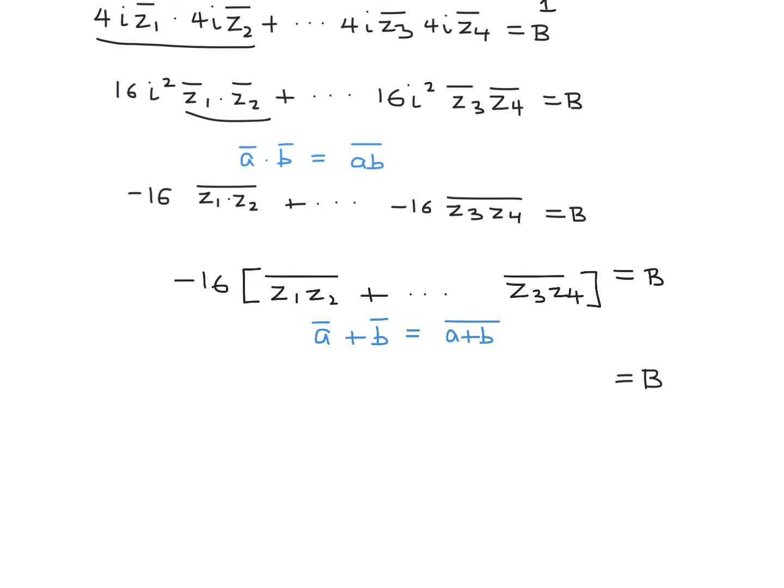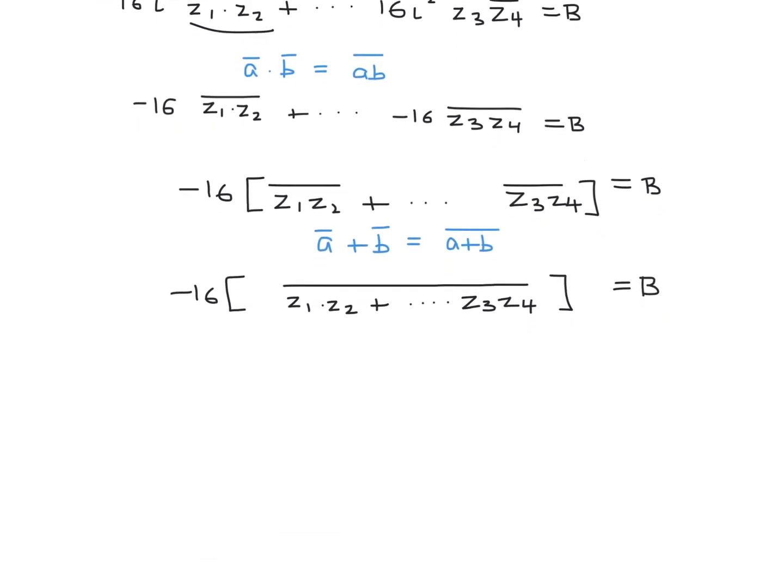Got it? So that means this b becomes minus 16 z1 times z2 plus dot, dot, dot, z3, z4, the entire sum, all conjugate. Got it?